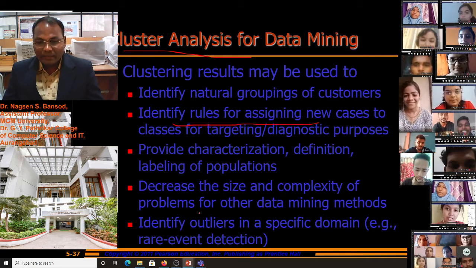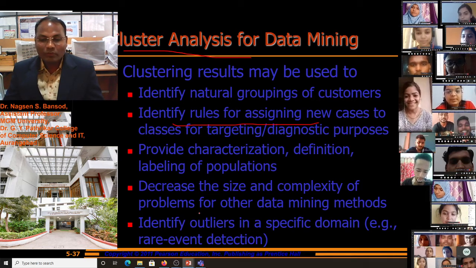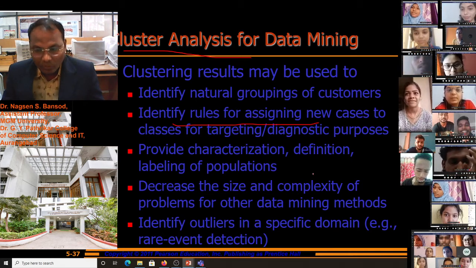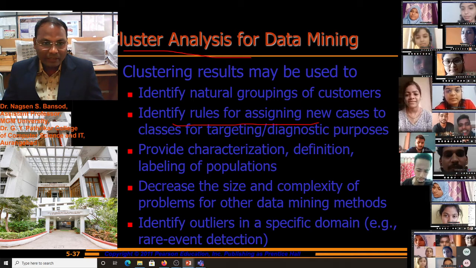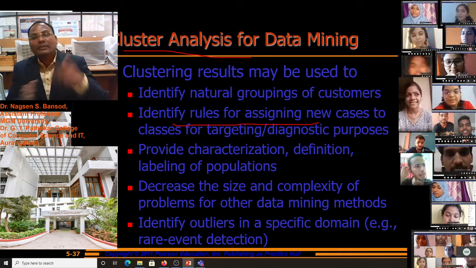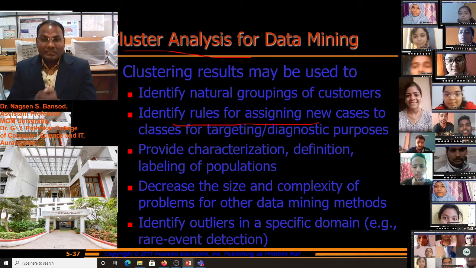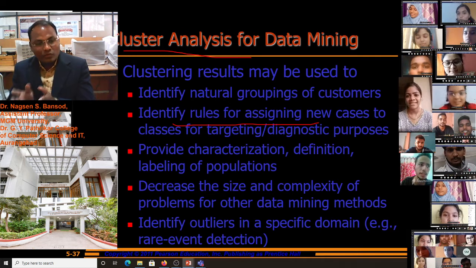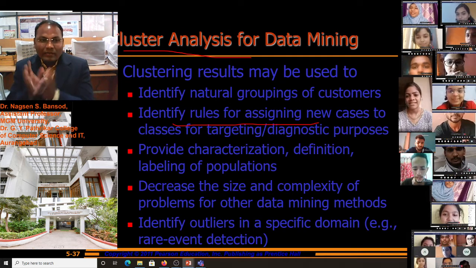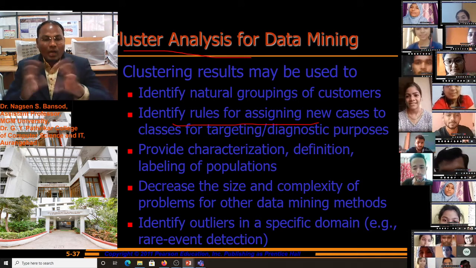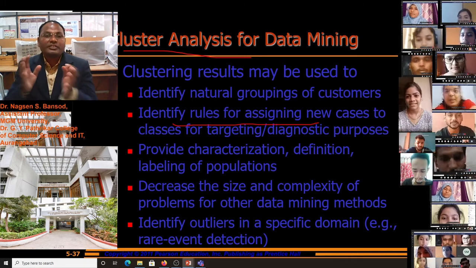Identify outliers in a specific domain, for example rare event detection. For pre-processing we can use clustering techniques, and with their help we can identify outliers for a specific domain.